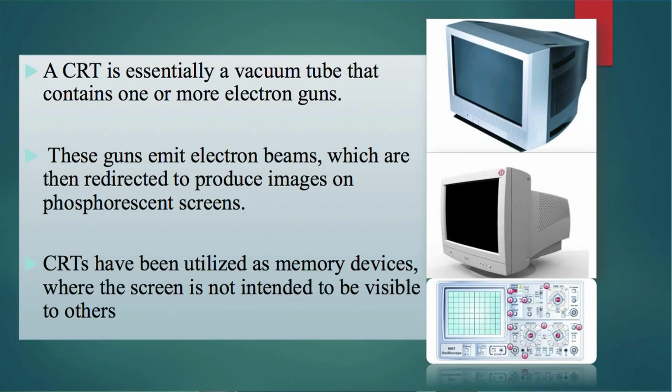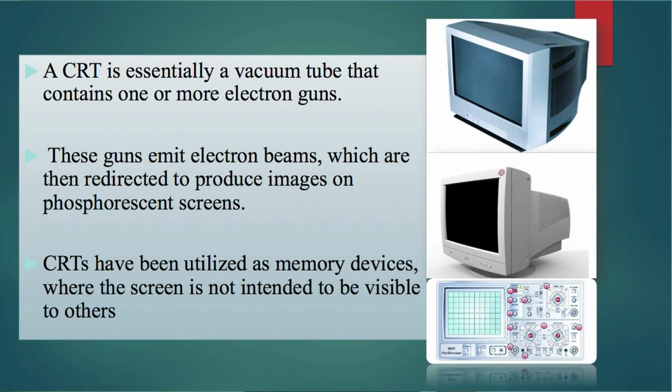A CRT is essentially a vacuum tube that contains one or more electron guns. These guns emit electron beams which are then redirected to produce an image on the phosphorescent screen. Here you can see some images of a monitor, a TV and a CRO, cathode ray oscilloscope.